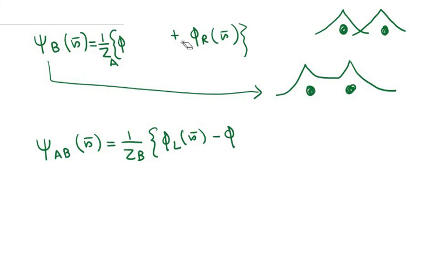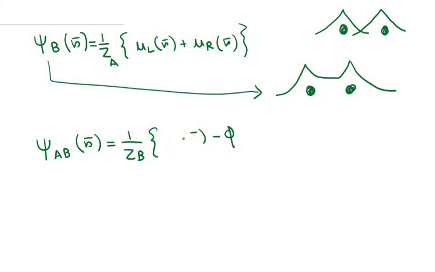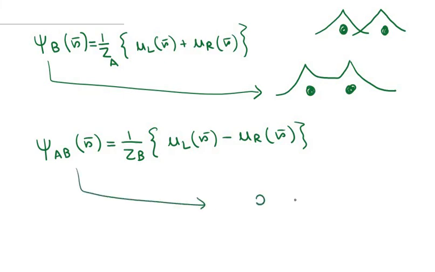So this is u L r plus u R r, and this is equal to u L r minus u R r, and so this would kind of look like this. So we have two atoms again, and we are subtracting one wave function from another, so this is a kind of destructive interference. So at the overlap region, the wave function or the electron density should be lower, and exactly at this point it should be 0.